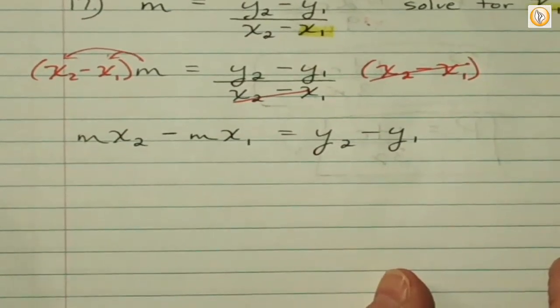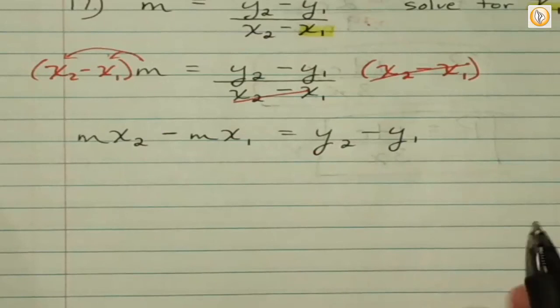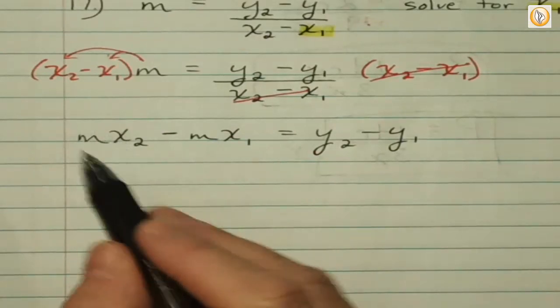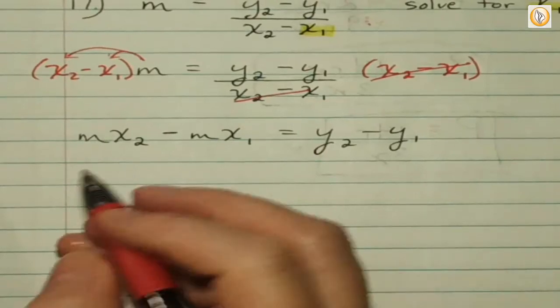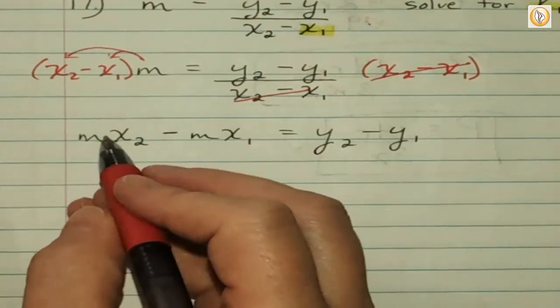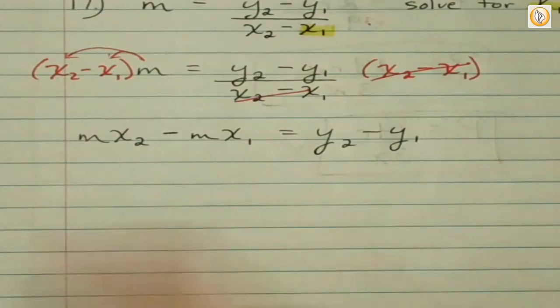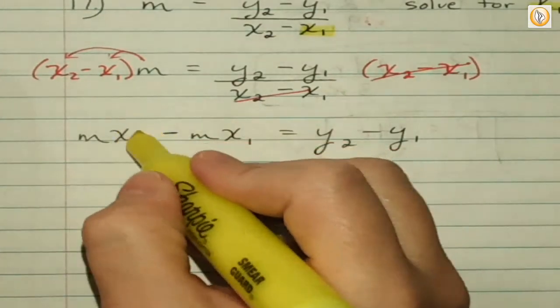Okay, so Taylor, now what would you do? Could you move this whole term? How would you do that? The whole term. Subtract both sides by mx2.